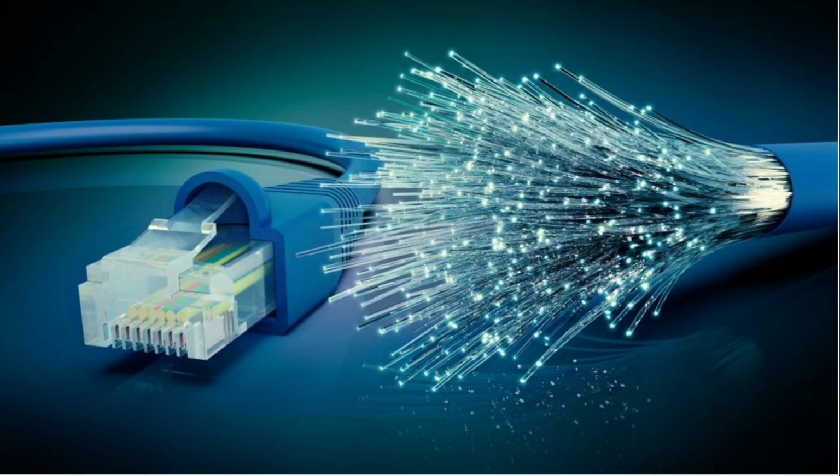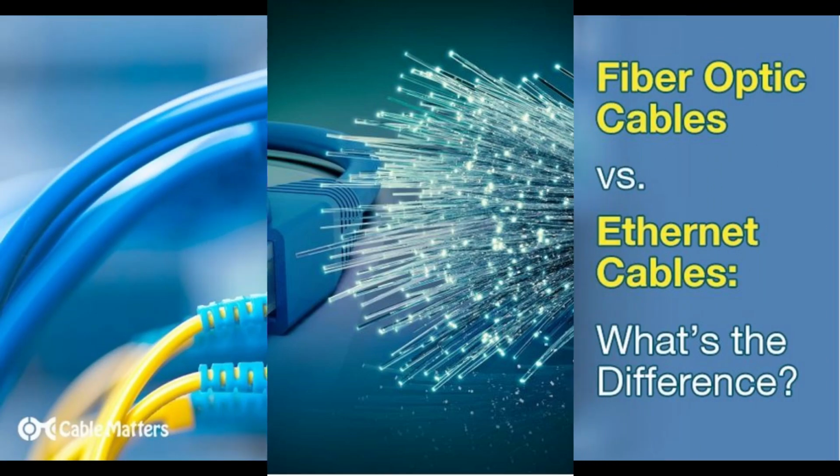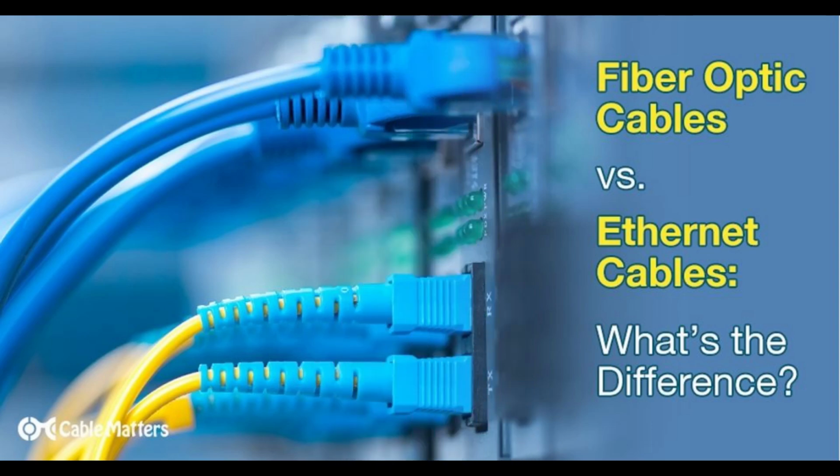Physical characteristics. Fiber optic cable is lighter, thinner, and more flexible compared to LAN cables. It is also immune to issues like crosstalk. LAN cable is heavier, thicker, and less flexible than fiber optic cables. It may be more prone to issues like crosstalk, especially in densely cabled environments.